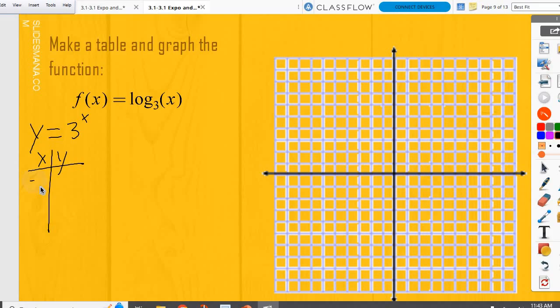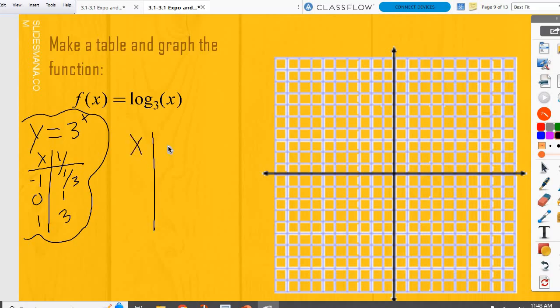So if it is helpful for you to first think about your associated exponential graph, sometimes that can be helpful, because then when I make my new table, again, I'm just flipping all of our points. So whichever way is more helpful for you, to first start with the exponential, or just to kind of memorize that pattern.